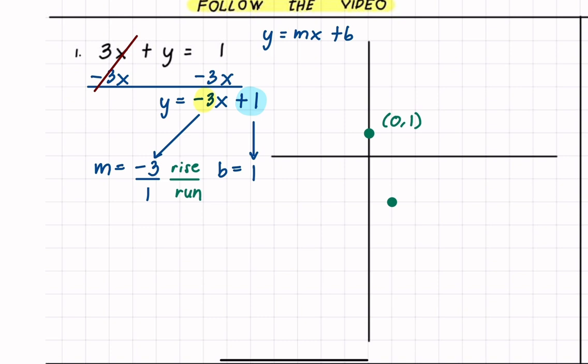Again, we're going to do the rise over run, which is negative 3 over 1. From this point, we go down 3 units, 1, 2, 3, and then go to the right 1 unit. So this is our next point.